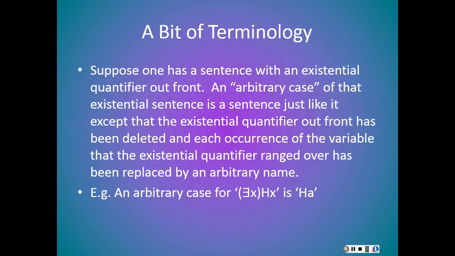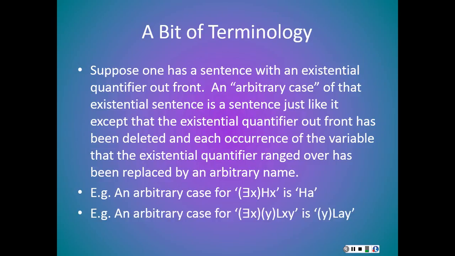So the original sentence may have translated something is human. What I've essentially done here is said, if something is human, let's suppose that's true, well then pick an arbitrary example of one of the things that is human and call it a. Well, a is human.